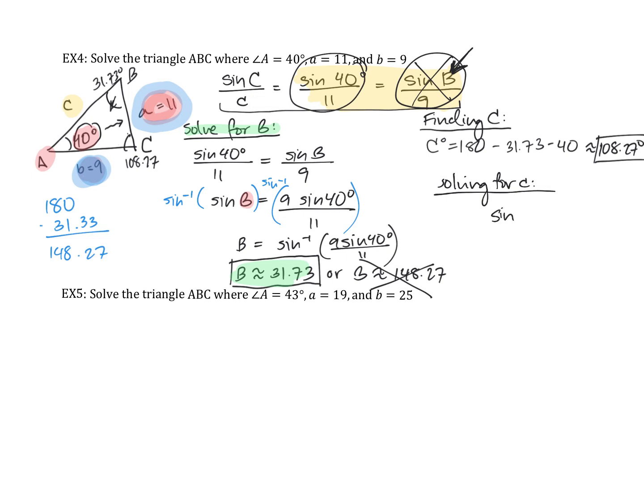So we have sine of c, which we found out was 108. You might say, but why are we using this approximation? Because we're sort of forced to use this one. Equal to sine of 40 over 11. Solving for c, we get that c is equal to 11 sine of 108.27 over sine 40.